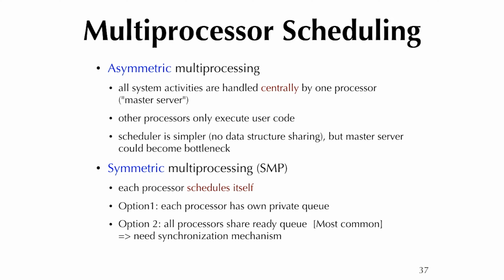You might think option 1, but option 2 actually is used a lot because you do want to keep these processors more or less utilized. And so option 2, sharing the ready queue, is actually the most common option. Okay, and it does need a synchronization mechanism, as with any shared memory type of multiprocessor.